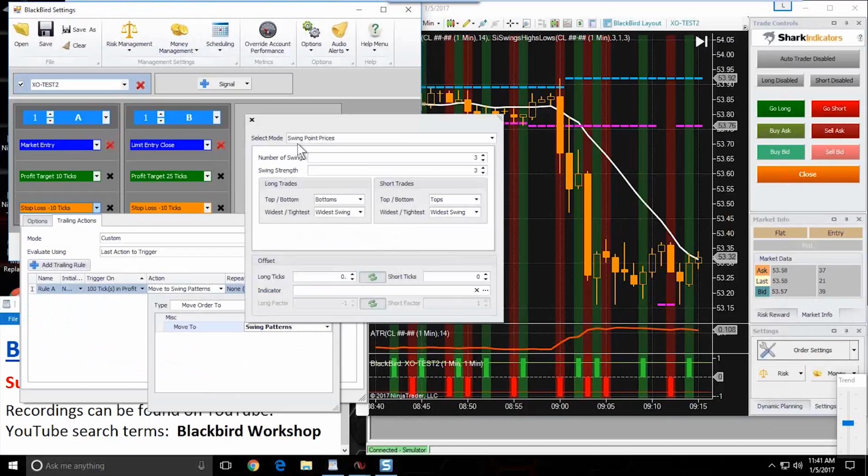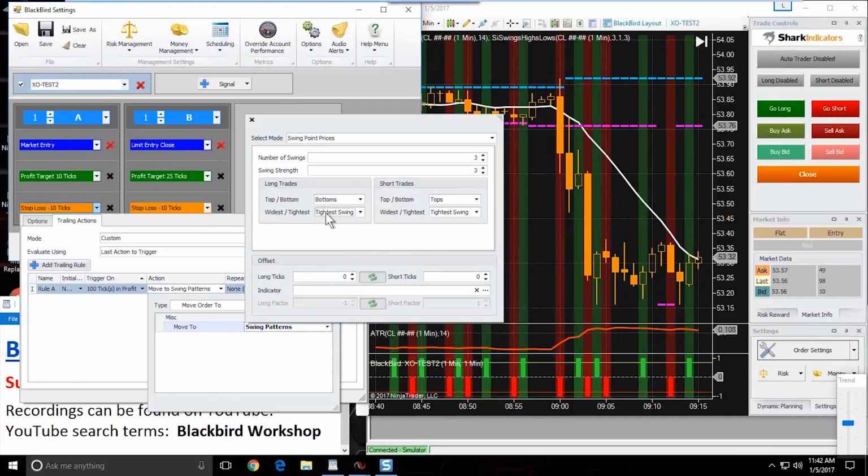All right, so there's kind of a summary of using the swing points to move your stop loss around. Probably something a little more practical would be, if you want to keep your stop losses kind of tight, then you would want to use the tightest swing plots. You could have your stop loss match the tightest swing plots.